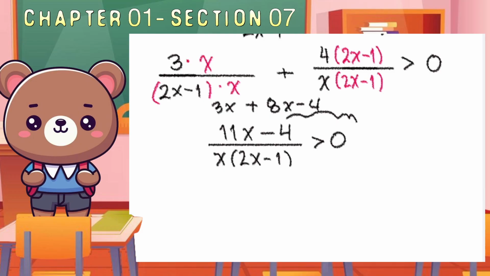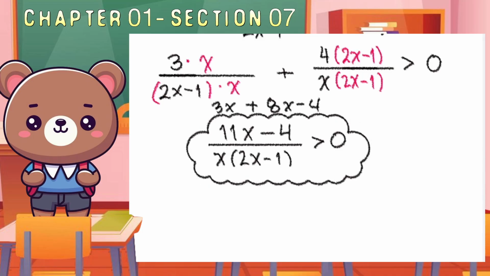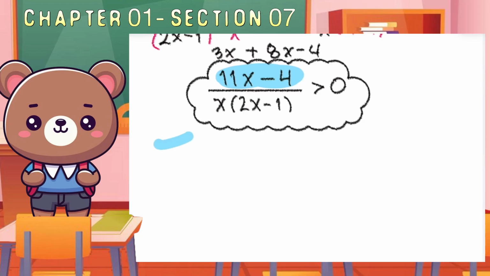So this right here is the important step that we are concerned with and we're going to focus on most. We're going to do the same thing we've done every other time. We're going to get our critical values by doing two different things. First, we set our numerator equal to 0, so it's technically like x-intercepts.